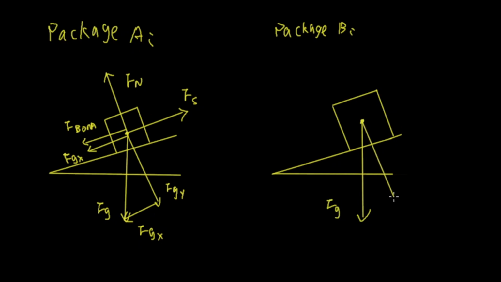Again, break it down into components, and that is F sub gy and F sub gx. Again, there's a normal force acting on it because it's on the ramp, so we call that F sub n. Also, there's a friction acting this way as well, so we call that F sub k. However, package A is in this position relative to package B here. So that means the force of A acting on package B will be going this way.